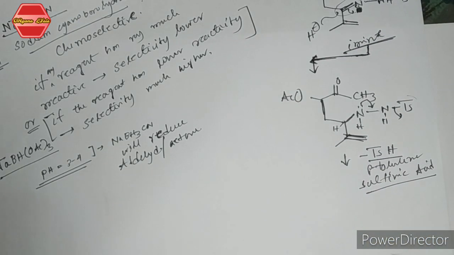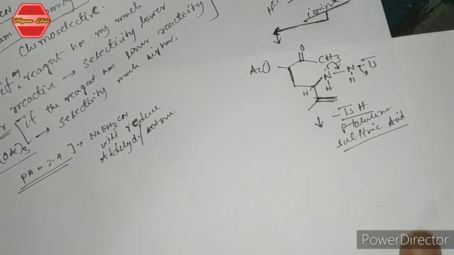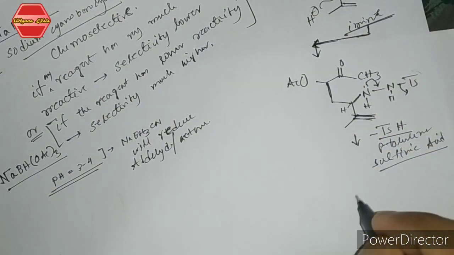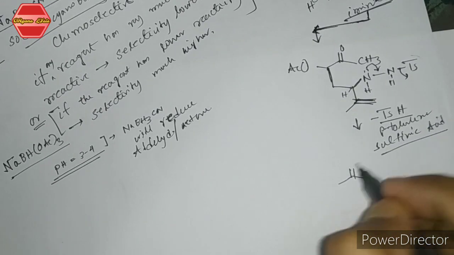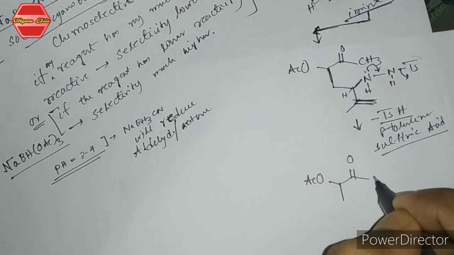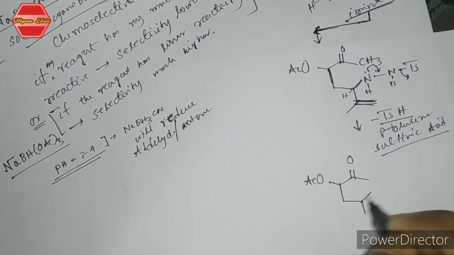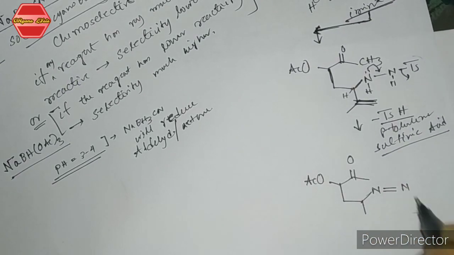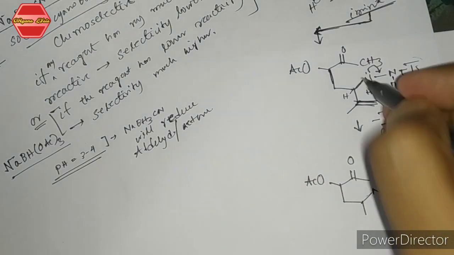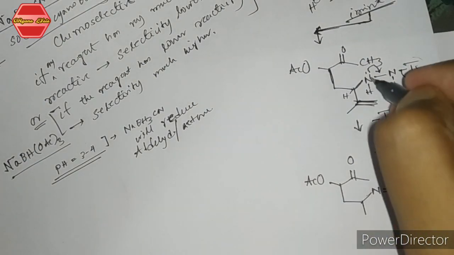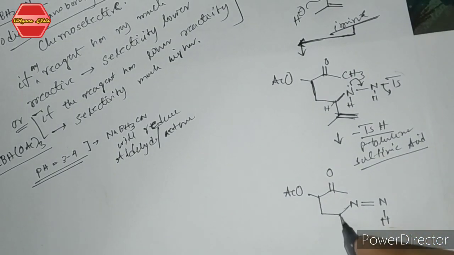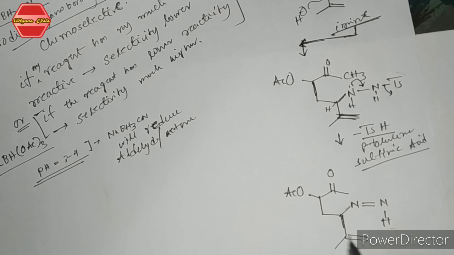So there is a loss of Ts minus, TsH, and after that you get this one with a double bond, and this hydrogen is removed from the system to neutralize this nitrogen atom.